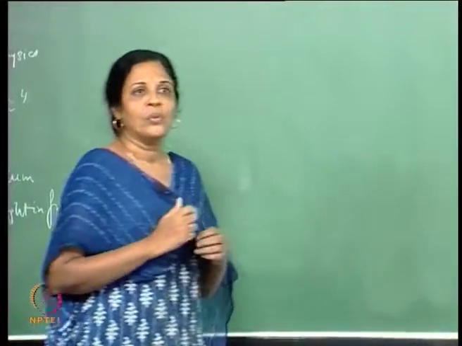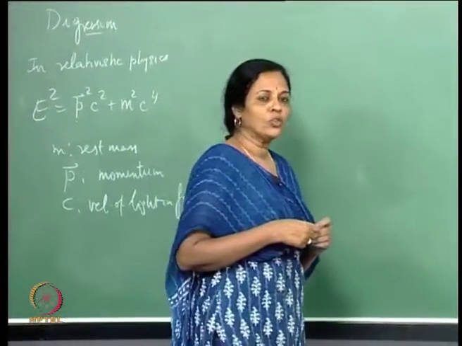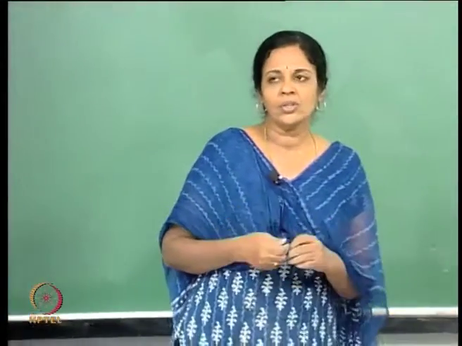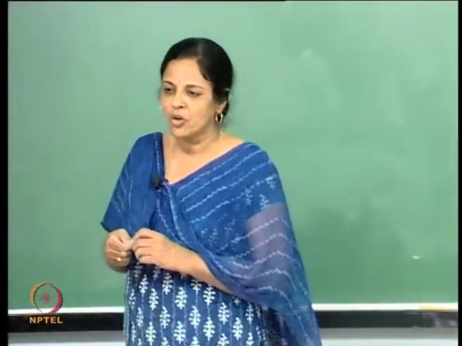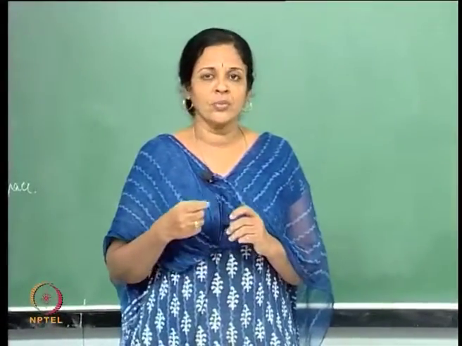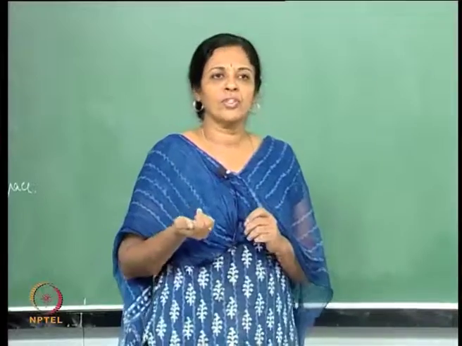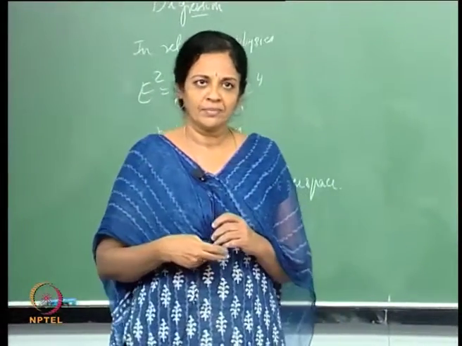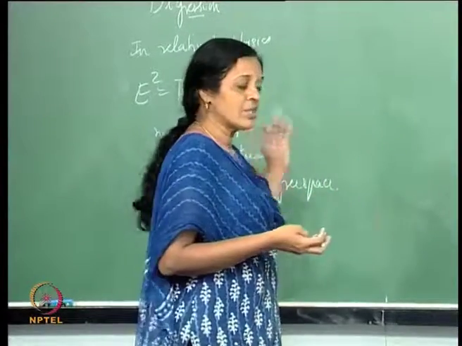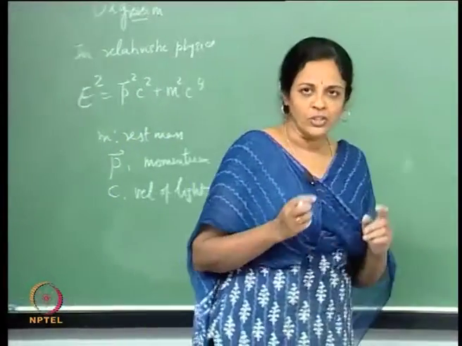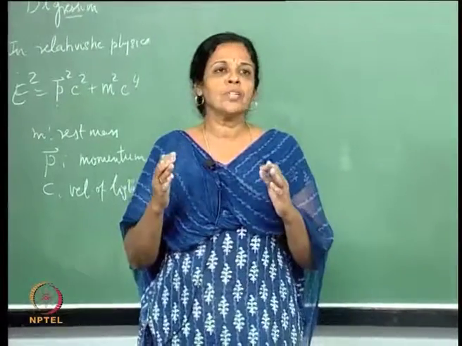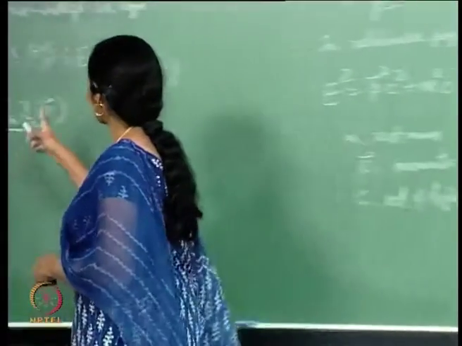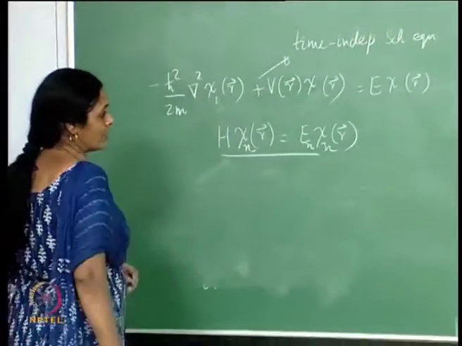For instance, we have already worked out the eigenvalue problem for a one-dimensional harmonic oscillator, and there we saw that the energy eigenvalues were of the form (n plus half) h cross omega, where omega is the angular frequency of the oscillator and n takes values 0, 1, 2, 3 and so on. Now here we would work out the harmonic oscillator problem in the framework of wave mechanics, which means we solve an equation like this in the position representation.